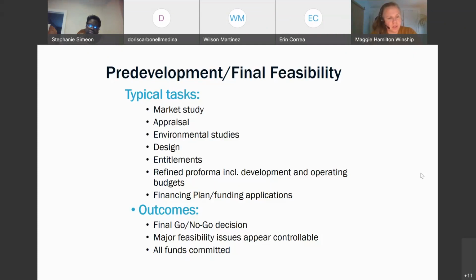And sometimes when you're looking at larger scale affordable housing projects, you might want that champion to be your pro forma analyst or your financial consultant. So if you ever have any questions about that or need resources for hiring any of this out, please feel free to reach out and we can connect you with what we have. Absolutely.